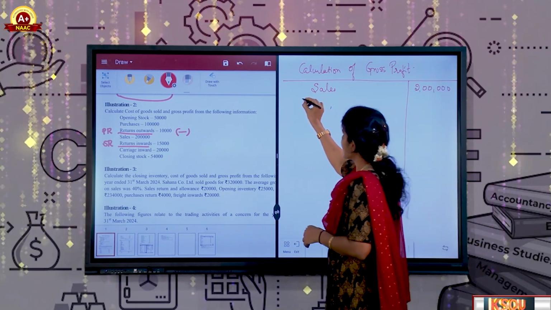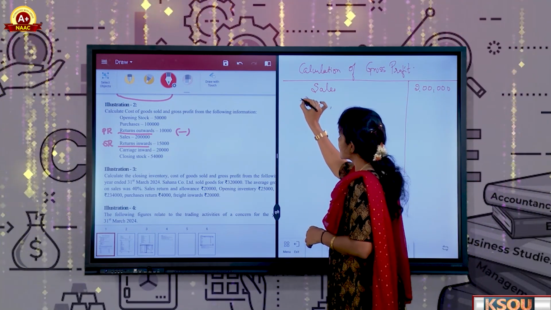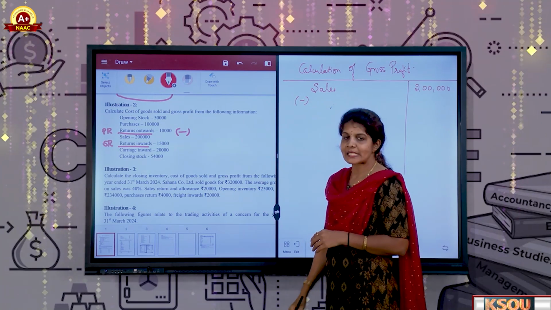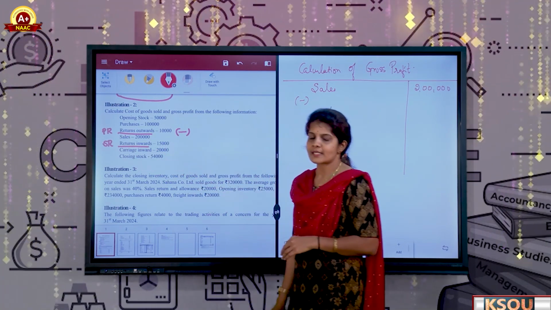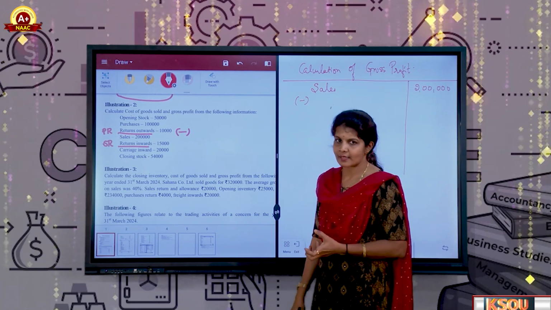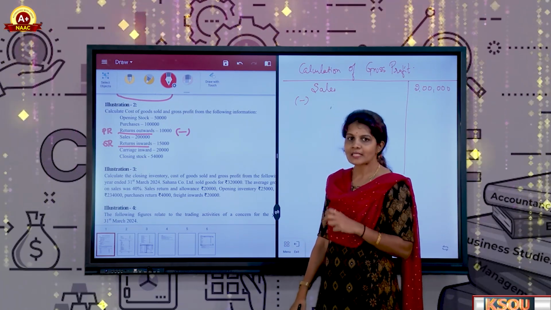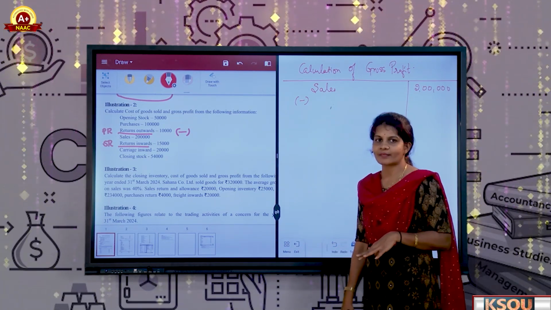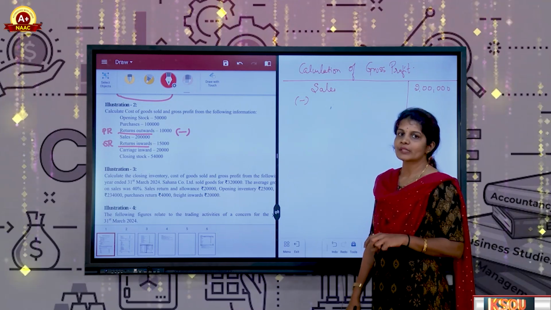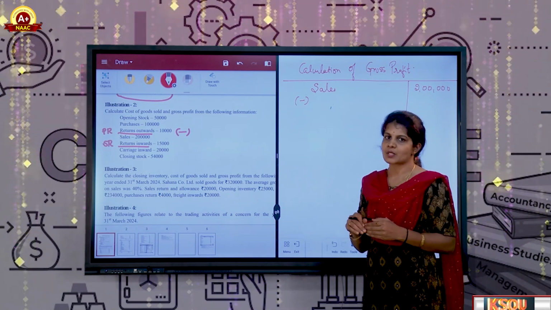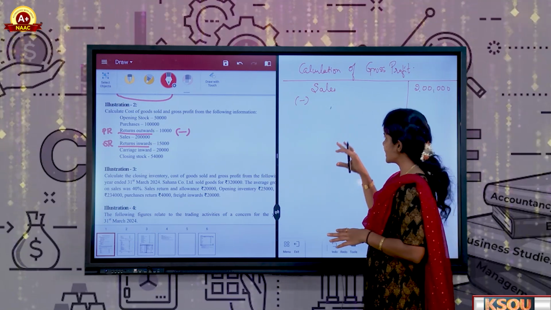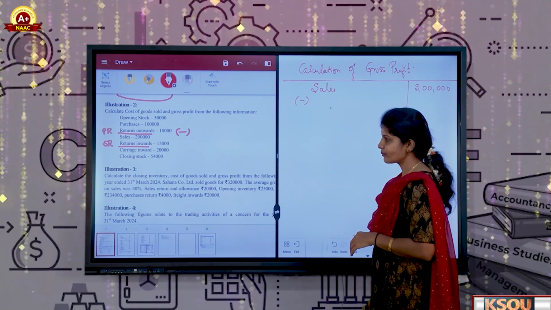2 lakh rupees. Since sales return, called return inwards, is also given, return inwards is nothing but sales return. So this sales return must be deducted from the sales revenue to know the net sales. Like how we deduct purchase return from the purchases, in the same way sales return must be deducted from the sales.